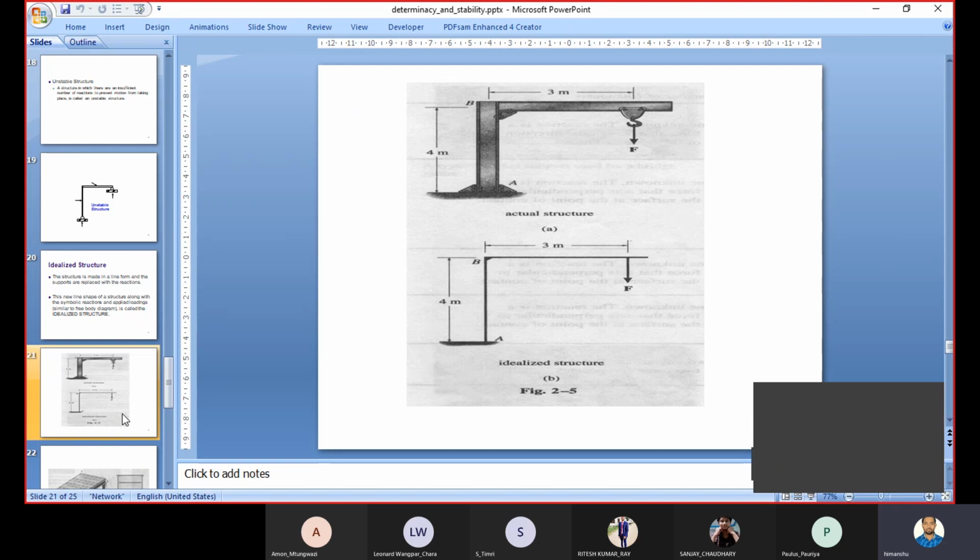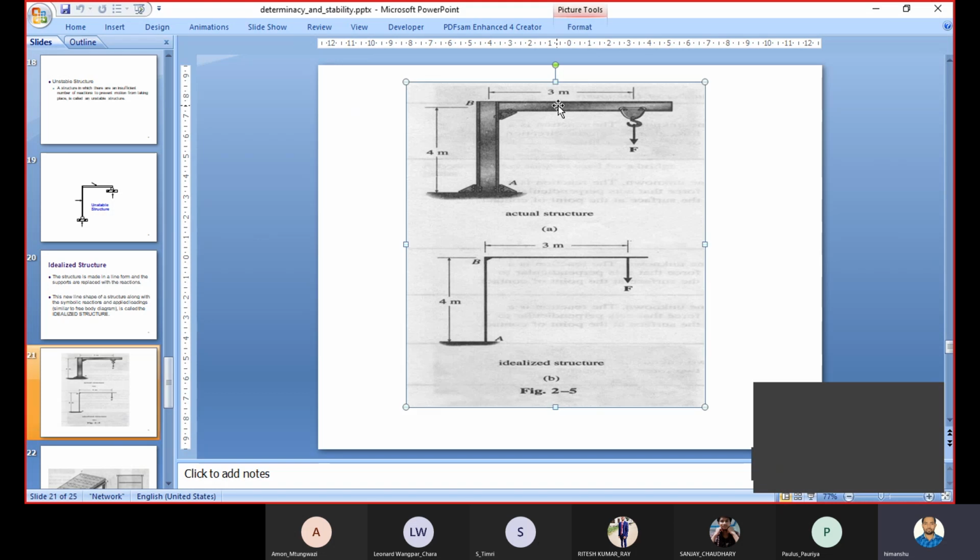Ideally, your structure looks like this. This is your actual structure. But we cannot solve this structure using our equations because this structure has a certain depth or width. So it is not easy to calculate the reaction forces at this particular beam.